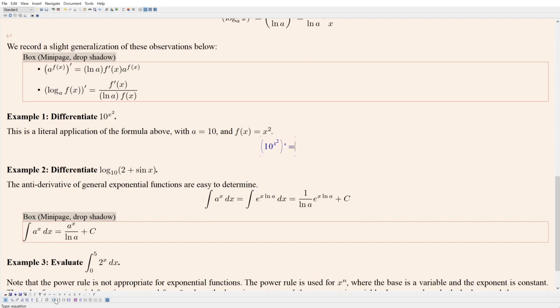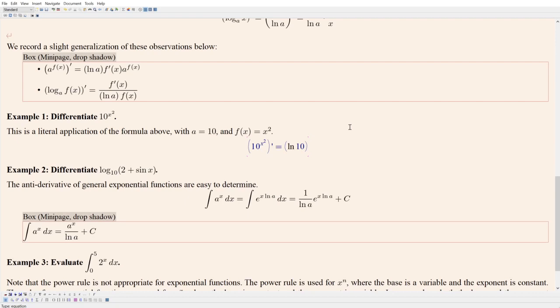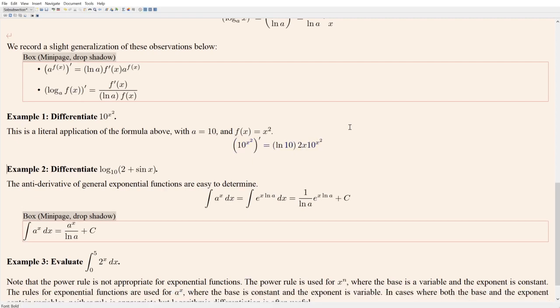So this is just natural log 10 times the derivative of x squared, which is 2x, times 10 to the x squared. And that's it. That's all there is to it.